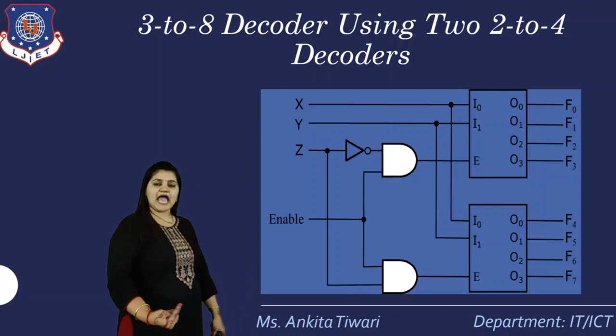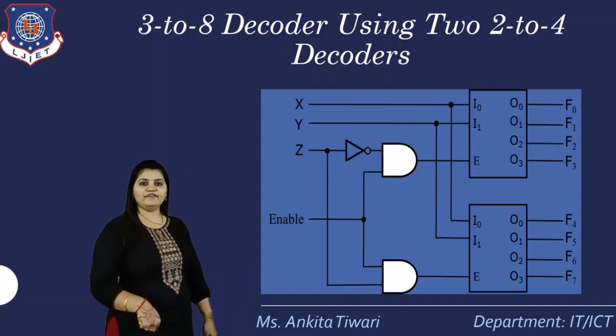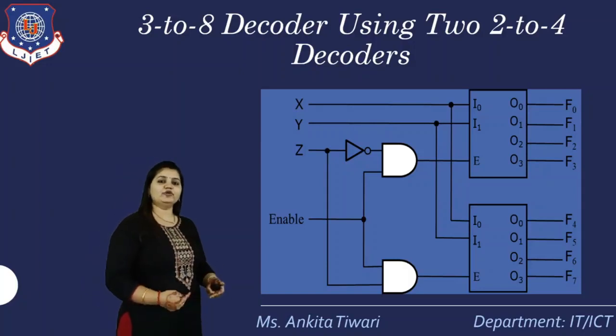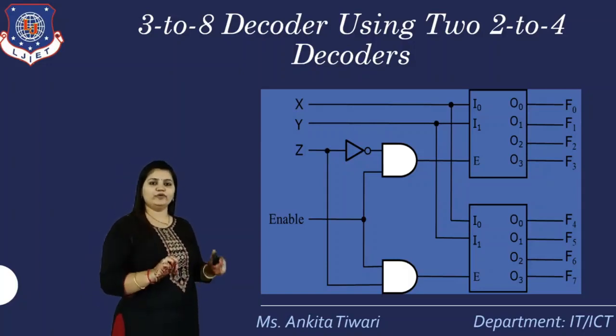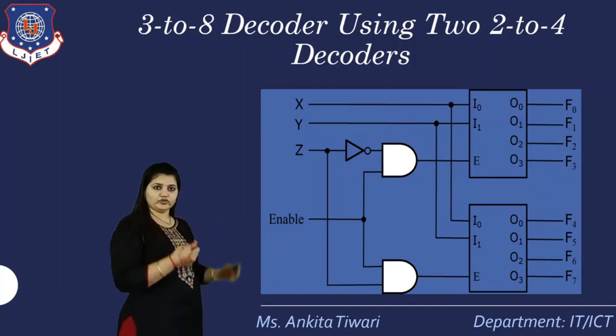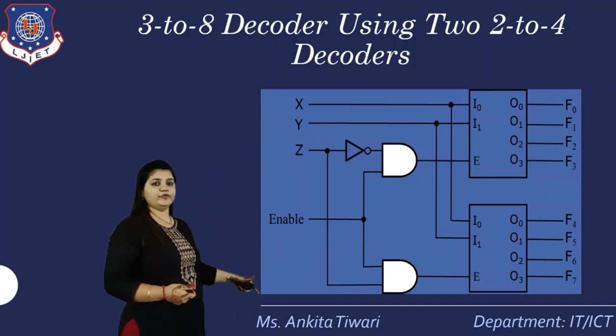That means as a 0. If I am taking a 0 value as an input, the enable input will go as 0 into the system. But if I am taking the Z value as 1, that means 1.1, the answer is 1. So in the next AND gate it will go as 1. So enable input 0, enable input 1.